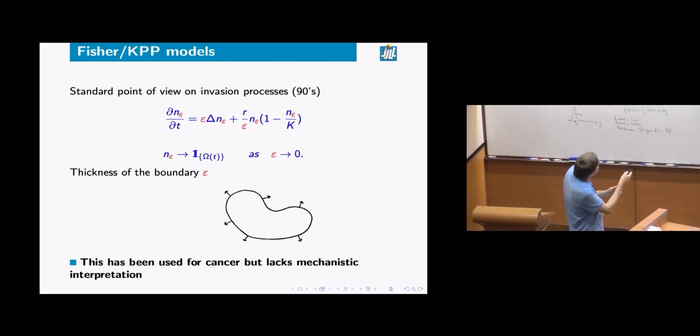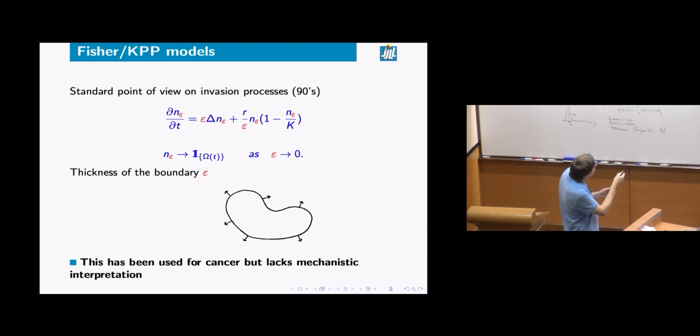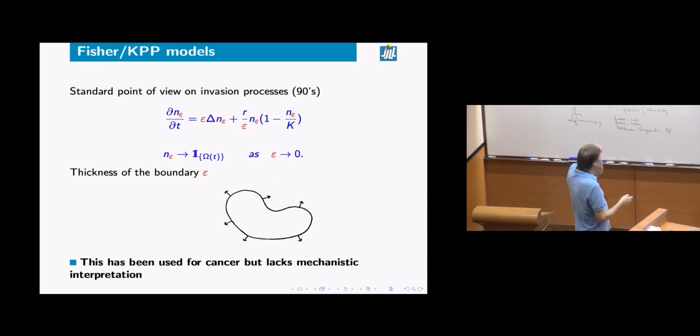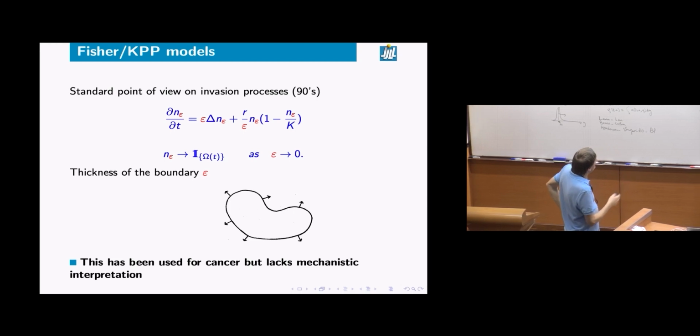And now, because epsilon is small, n should be either 0 or k. So k becomes 1 in the next line. And so you have a domain where n equals 1, which is propagating into the zone where n equals 0, which is unstable.